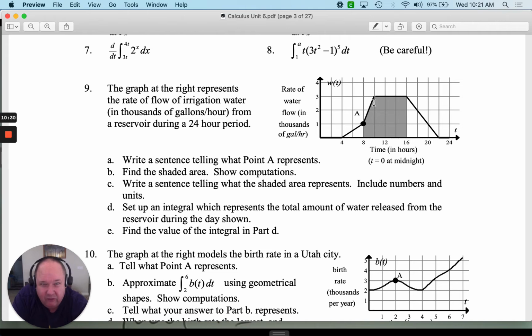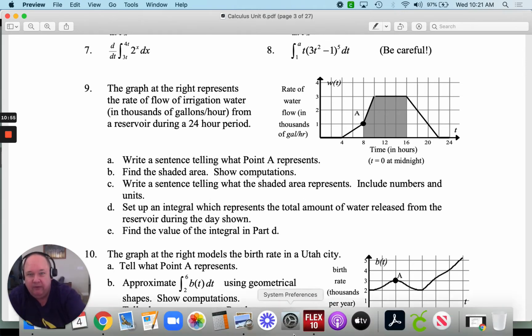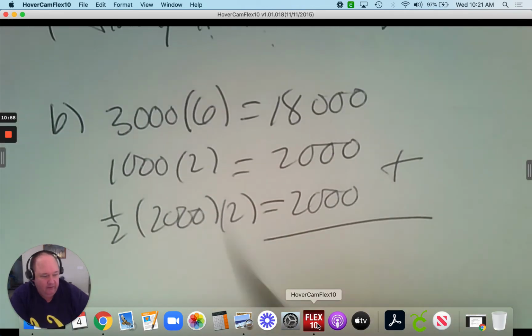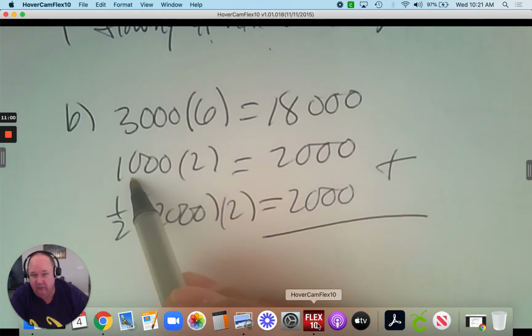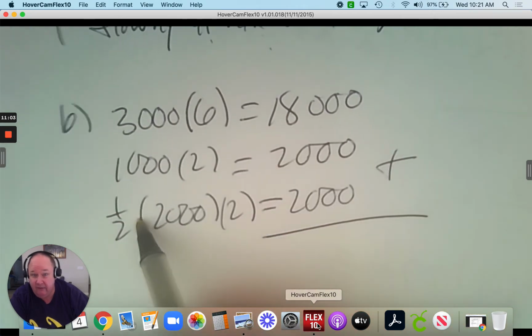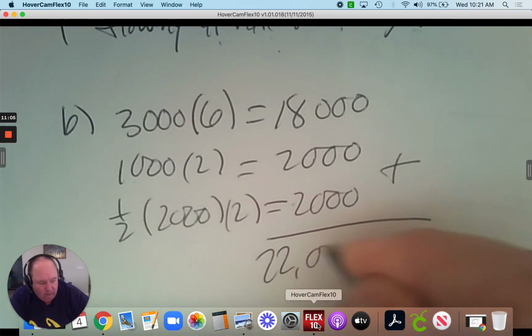The height of that triangle is 2,000, and the base of that triangle is 2. So 1/2 of 2,000 is 1,000, times 2 is 2,000. And then I'm going to add it all up, so I get 22,000. Then show your computations, which I did. There's the big rectangle, the small rectangle, and the triangle. Add it all up, and you get 22,000.